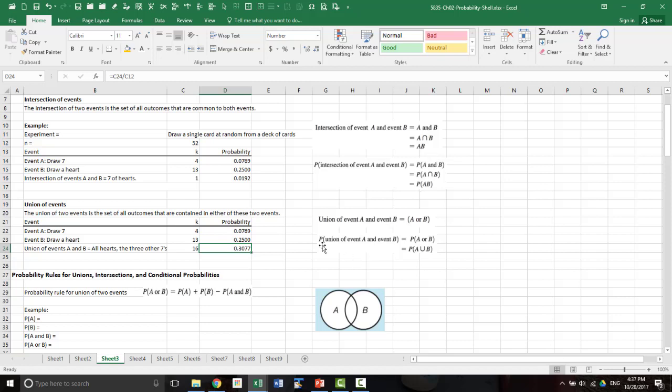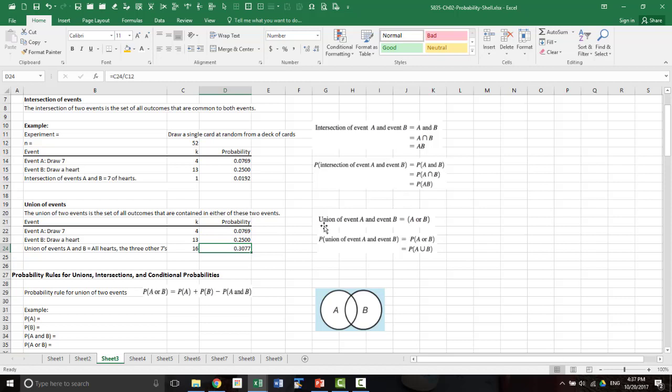So we can write the probability of the intersection of A and B as probability of A and B, or probability of A upside-down U B, or probability of just AB. These are the notations we use for intersection.